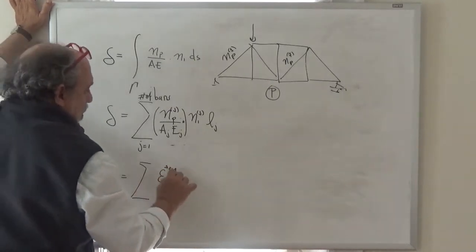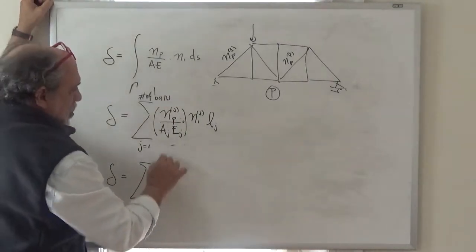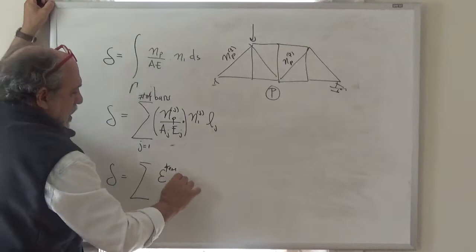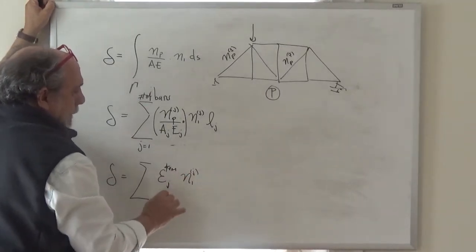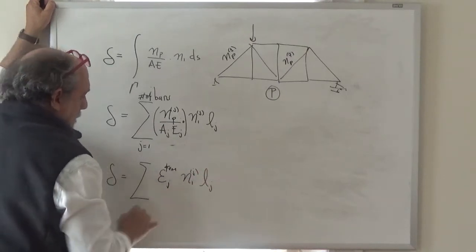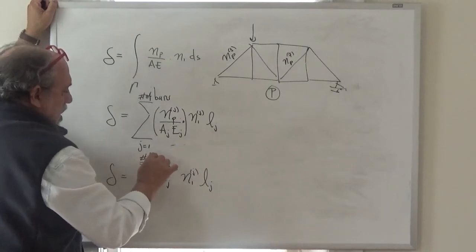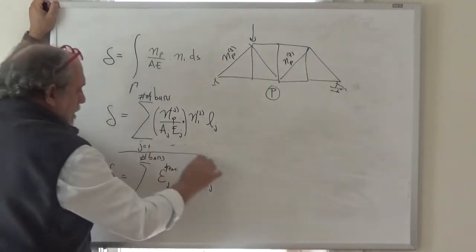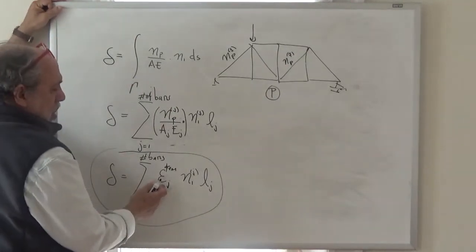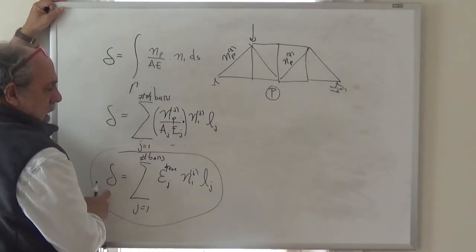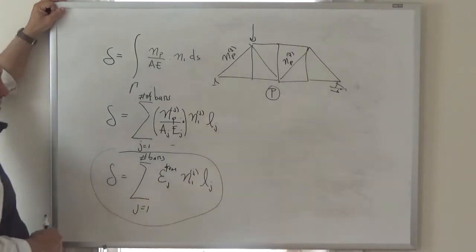And so the formula for deformations on a truss due to temperature is just the product of the strains due to temperature times the N1 on bar J times Lj. So it doesn't get any easier than that. Only the bars where there is a temperature change contribute to the deformation, and therefore it is only necessary to calculate the N1s over those bars.